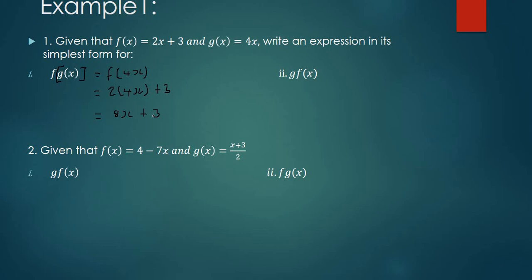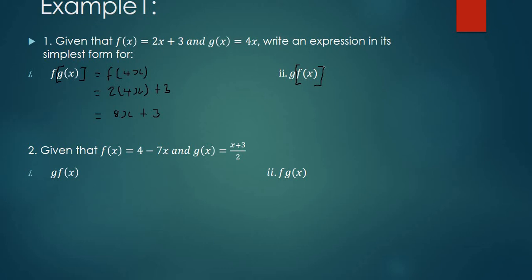And we are finished. Now let's do example 2, we're asked to find g of f of x. So what does this mean? This is saying that we are putting the function f of x into the function g. Alright, so note here f of x takes the place of x.